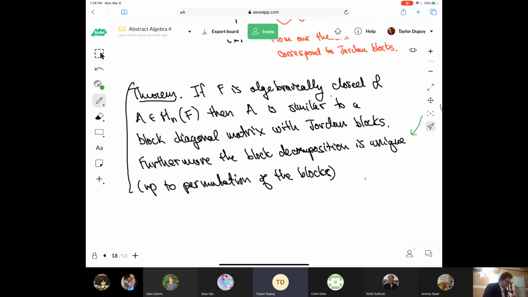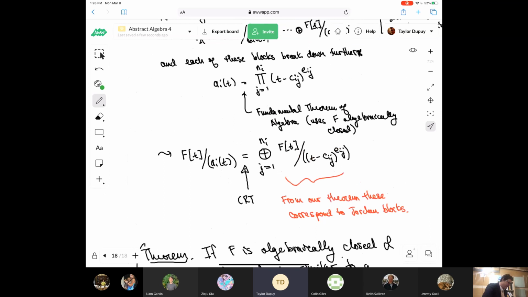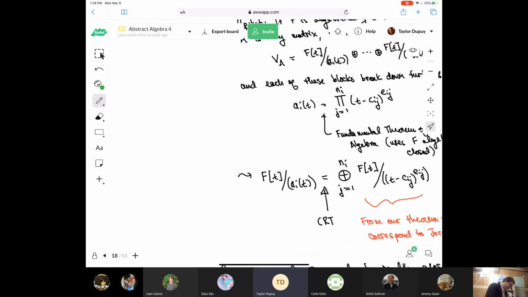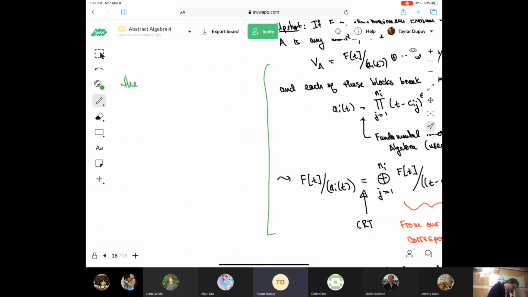Okay, does that make sense, how this works? Again, it all comes down to choosing an appropriate basis so the linear transformation looks correct. The choice of basis in the theorem comes from the isomorphisms.